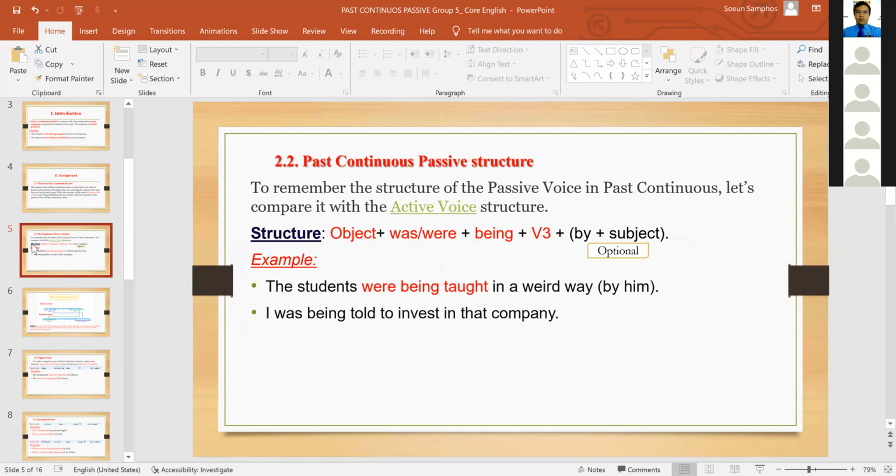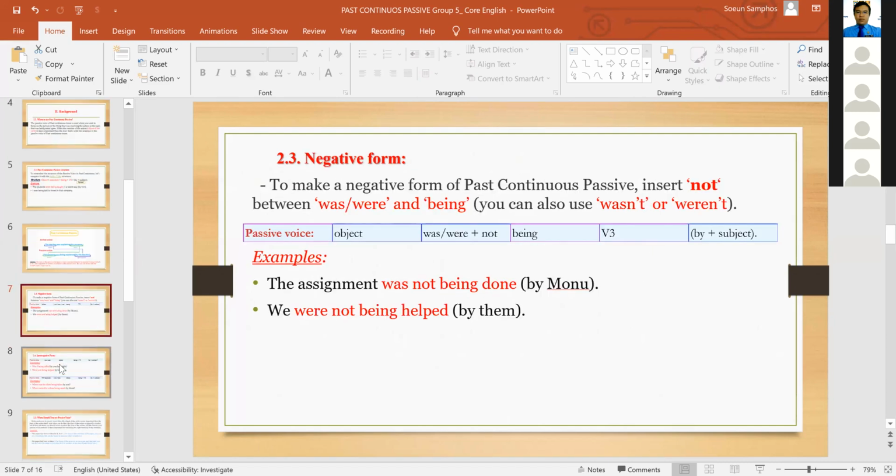Positive form: subject or object plus was/were plus being plus verb 3. And negative is subject or object plus was/were plus not plus being plus verb 3, and plus agent.